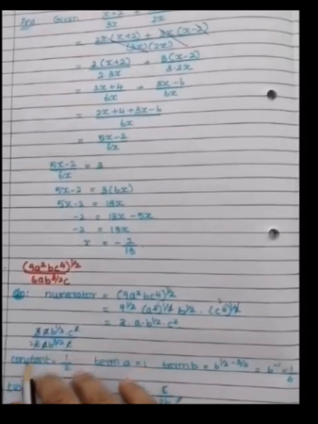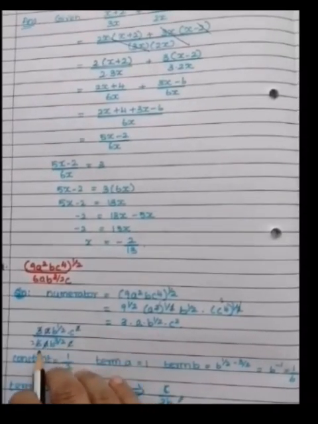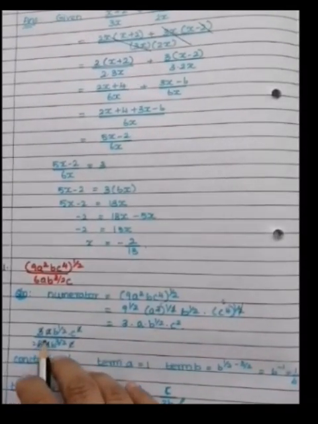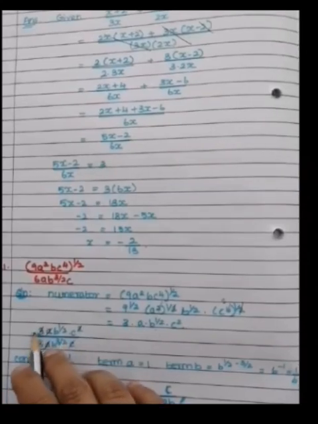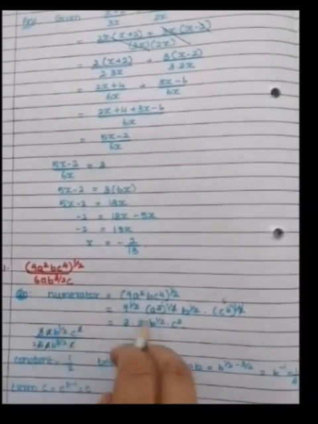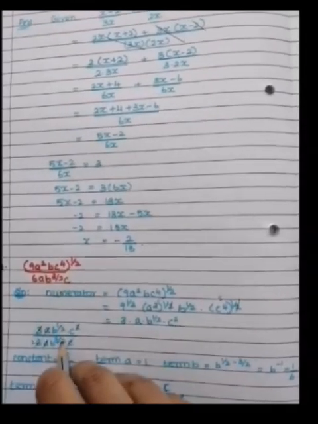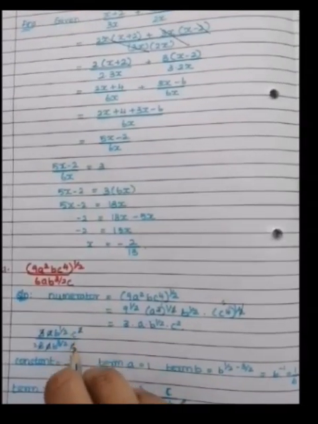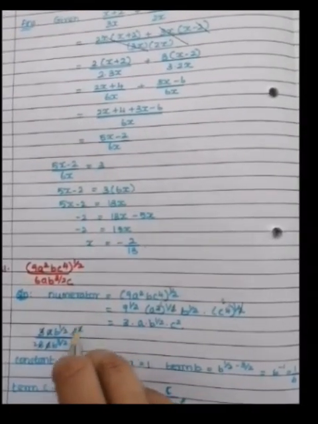And the denominator, we have to substitute it in the denominator. We get 3 2s are 6 and 3 1s are 3. A cancels. B power 1 by 2, b power 3 by 2. Here c square divided by c, so c cancels.